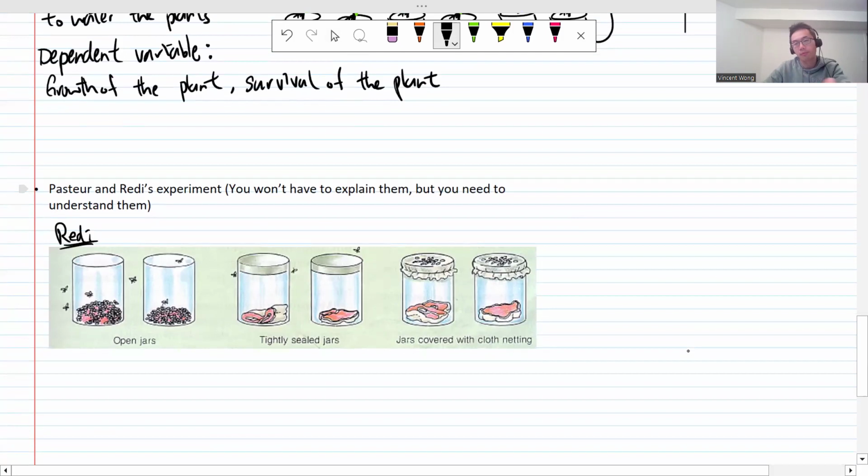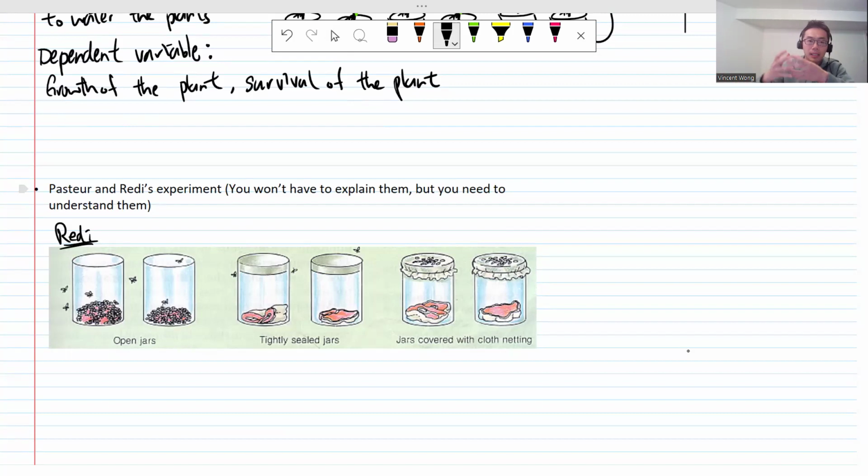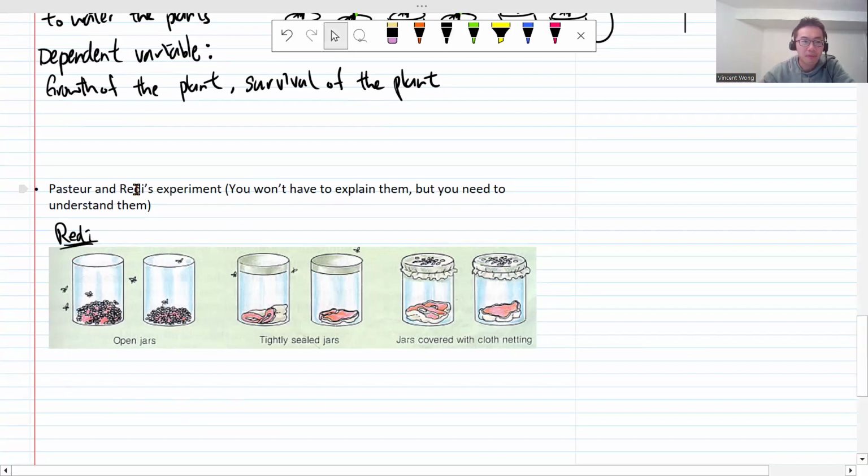Things that you should know are the dependent variable, which would be the presence of flies and maggots, and the independent variable, which would be the type of jar that you're using. Again, all these things we did in class, you just have to find the class notes and go through it yourself. Same thing with Pasteur's experiment.